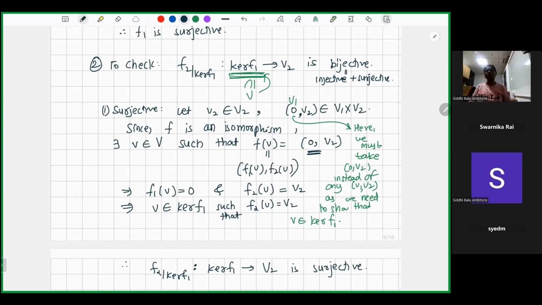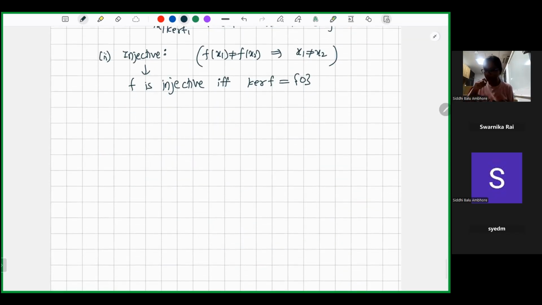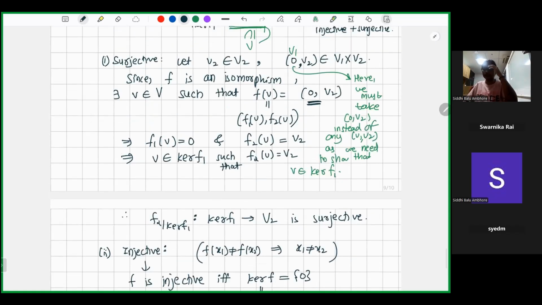No. Kernel f1 is not always 0. What is kernel f1? Kernel f1 is the collection of all those v such that f1 of v is 0. We are not saying that kernel of f1 is 0. We do not know whether f1 is injective.